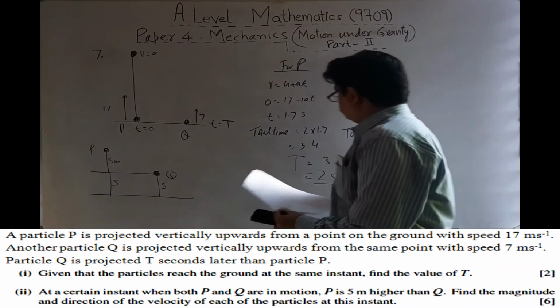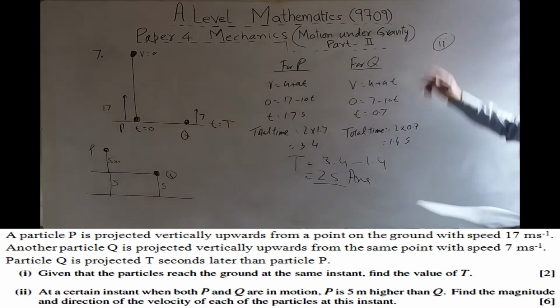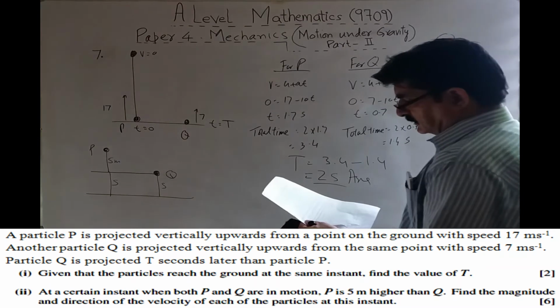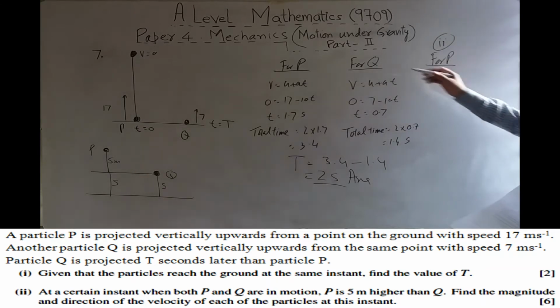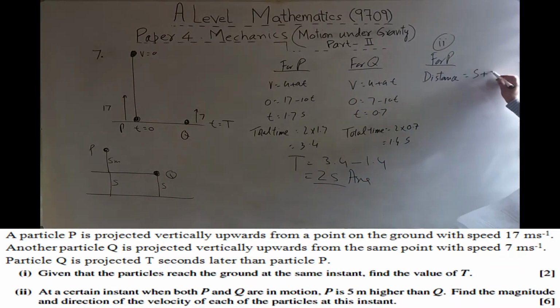So as in previous questions, for this second part, firstly we will find the time, because we need magnitude and direction of velocities again. Now for P, the distance will not be S, it is S plus 5.